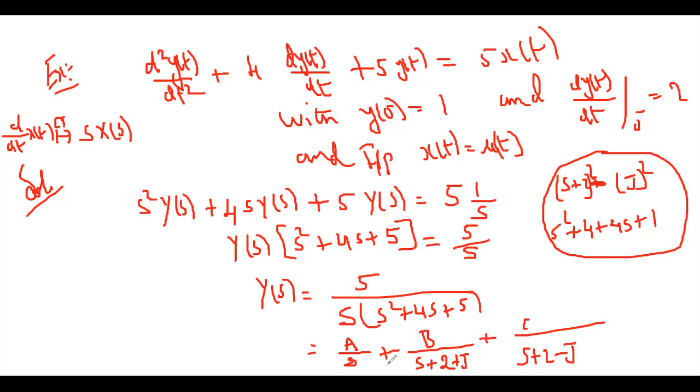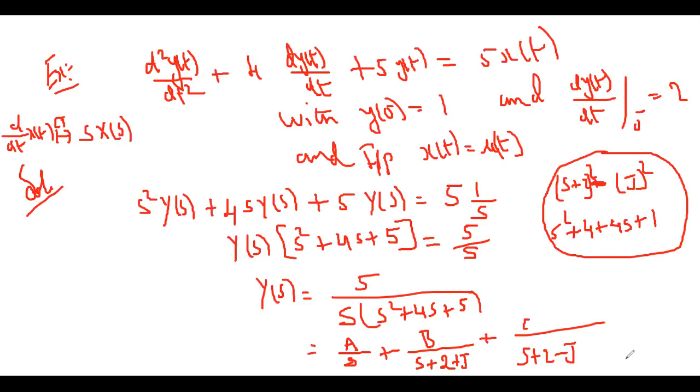What is the a? Substitute in any equation, compare the equations, or substitute s is equal to 0. S is equal to 0, you'll get the b and c. Substitute s is equal to minus 2 plus j and s is equal to minus 2 minus j. A is equal to 1, b is equal to minus j and c is equal to j we will get. So after finding a, b and c, I'm directly writing this equation.